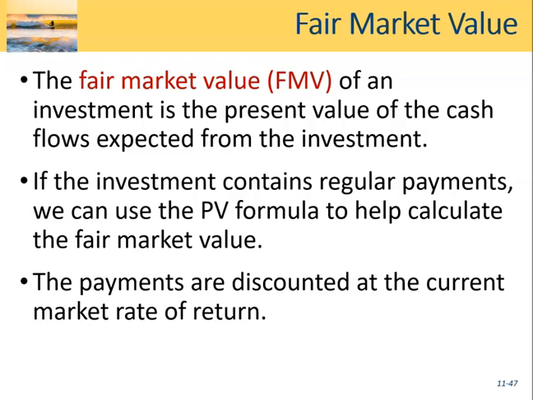So if the investment contains regular payments, which was that 500, we can use the present value formula to help calculate the fair market value. And the payments are discounted at the current market rate of return. So in the last example, it was 8% compounded quarterly.